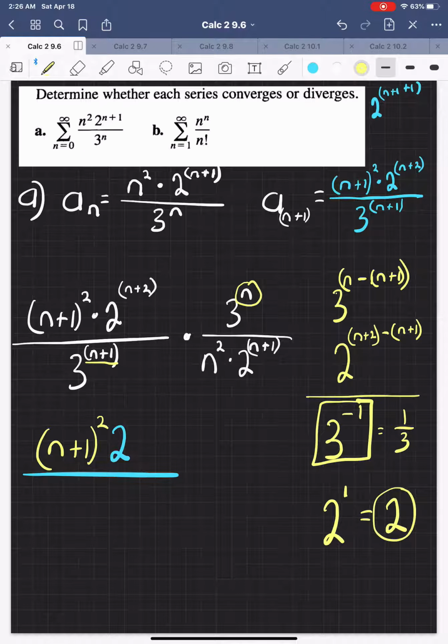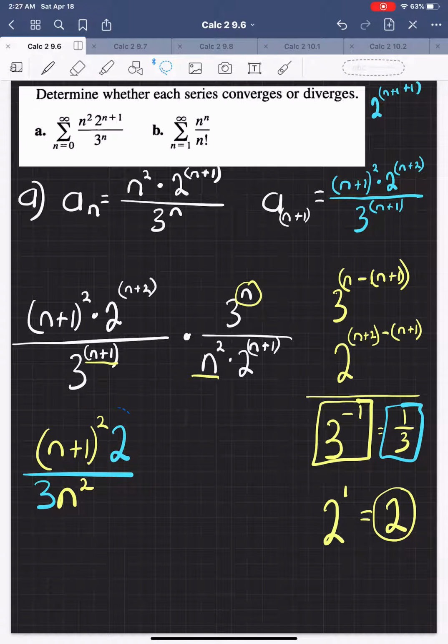We didn't do anything to this n squared, so we'll still have an n squared down here. But we did figure out that that's going to be multiplied by a 1/3, meaning 3 is going to be in the denominator. Okay.